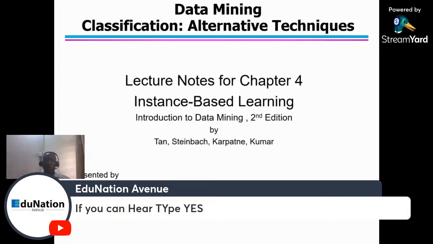Okay. So we are going to look at one of the data mining techniques that is referred to as instance-based learning, or KNN.